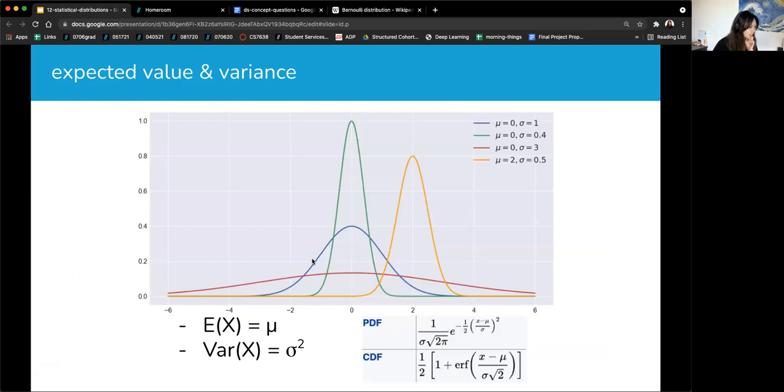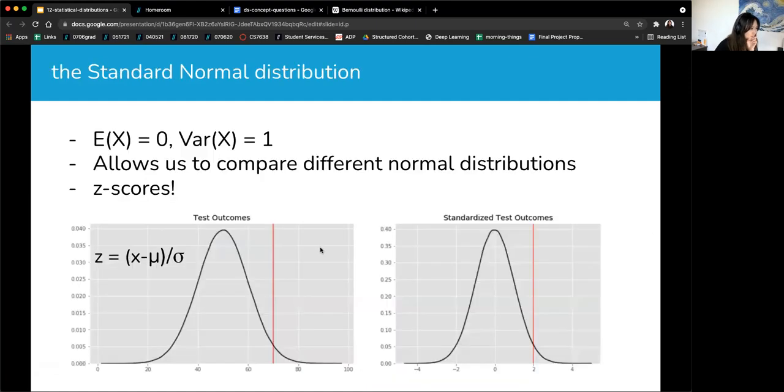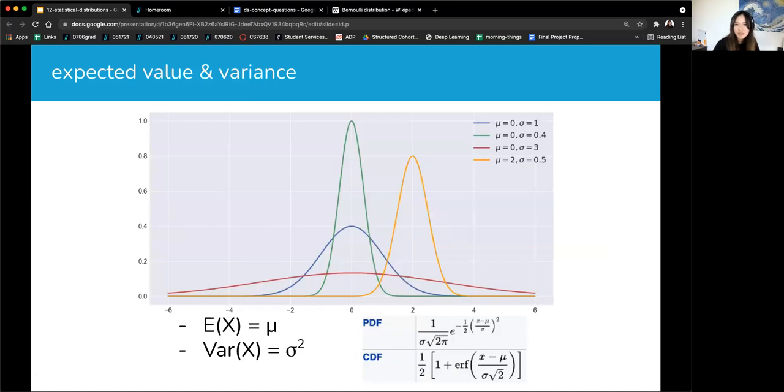We have this -1 student in the blue class over here, and the -1 student in the yellow class over here. Let's figure out their Z-scores. The Z-score formula is x minus mu divided by standard deviation.